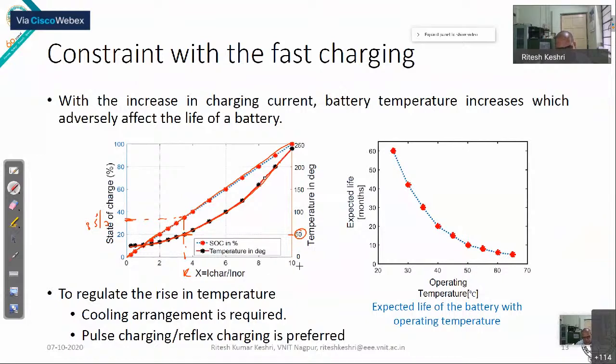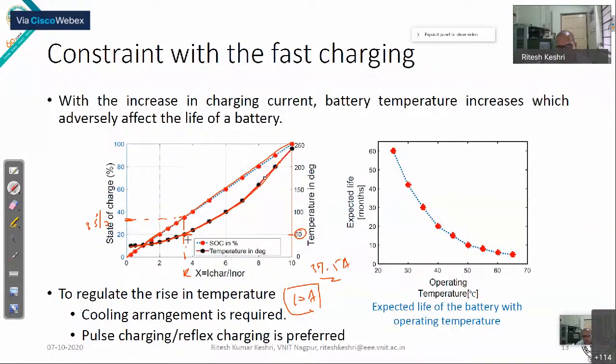Let's say the battery is a 100 AH battery. So you are injecting 37.5 ampere of current in place of 10 ampere of current. So the battery SOC definitely increases, and the temperature also rises. After this, you cannot go further because they say that you should not increase the battery temperature. So this is the limitation.